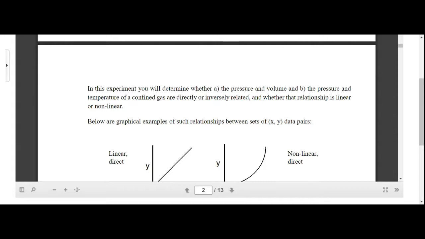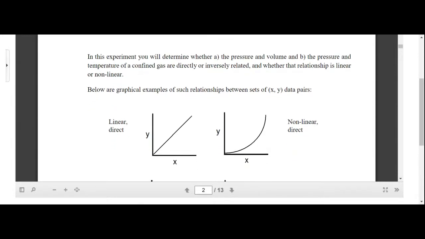When they hit the wall of the container, they cause more force, they hit more forcefully, and the pressure is going to be higher. So the relationship between pressure and temperature is direct. They are directly proportional. If one goes up, the other one also goes up.